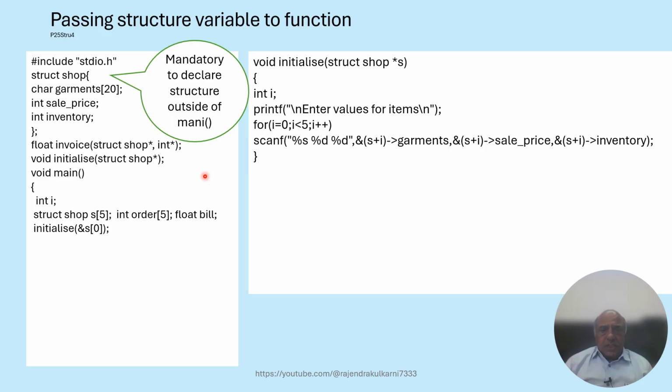The name is S, and what it is collecting is the address of the 0th element, or the base address, of the struct shop array S. So S contains the base address of array S.